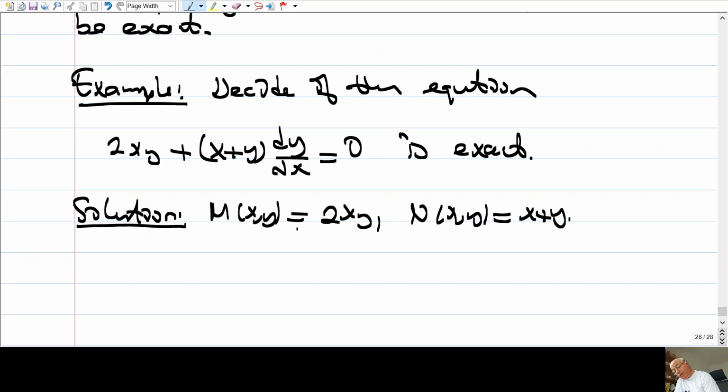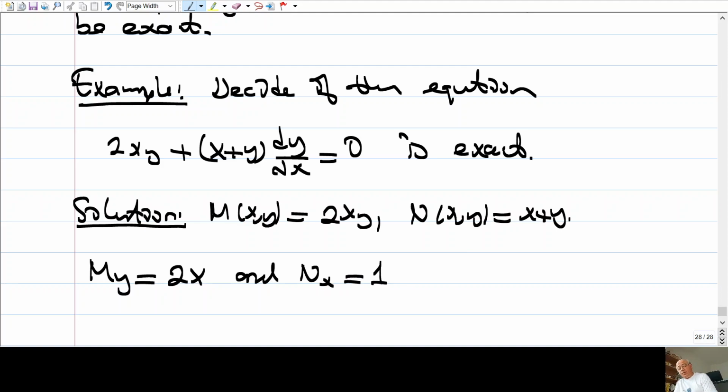For this to be exact, m sub y should be equal to n sub x. What is m sub y? Well, it is just 2x. And what is n sub x? It is just 1.